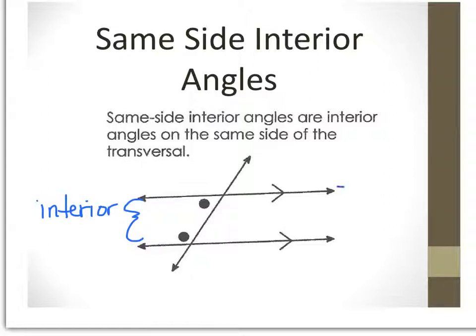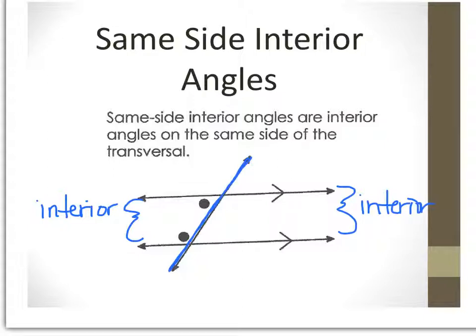Anything in between the parallel lines is interior. And they are on the same side of the transversal. Okay, that's what same side interior angles are. They are in between the parallel lines and on the same side of the transversal.